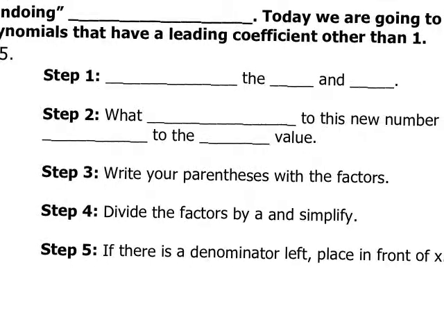The first thing we want to do, step 1, is multiply the A and C. Now we're used to finding numbers that multiply to our C value and add to our B value, right? That's what we've been practicing.